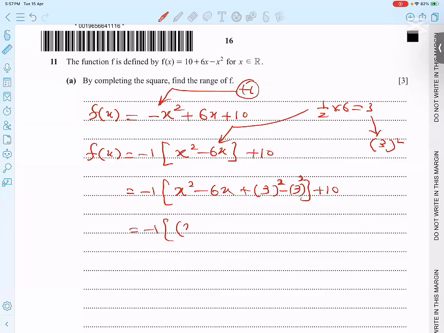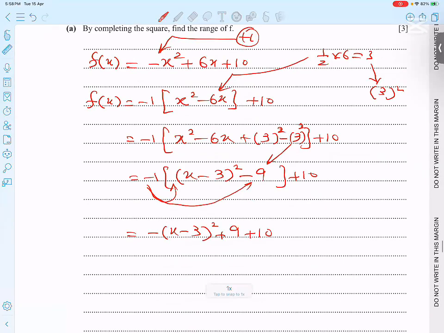And this I got: x minus 3 whole squared, and negative 9 comes from here. Negative 1 multiplies with that, and I get plus 9. Finally, I get 19. So just write this form, or you write this other form.